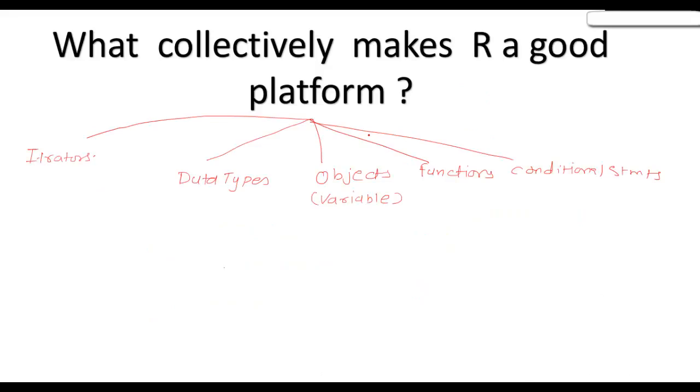So I think till now you got the idea of data types. At least you have a basic understanding of what data types are and what kinds of objects there are. Now let's talk about the conditional statements that are offered.